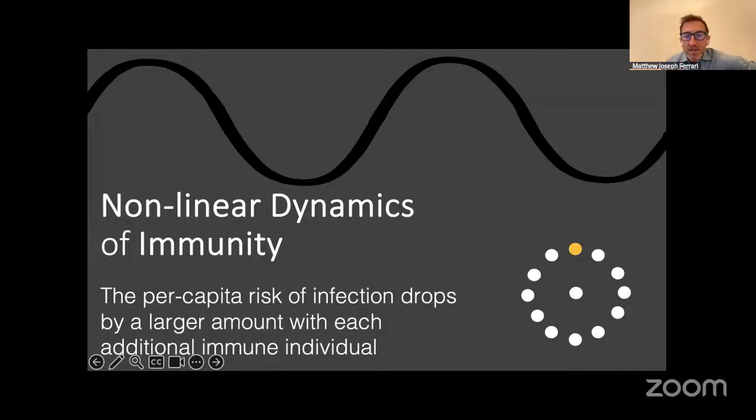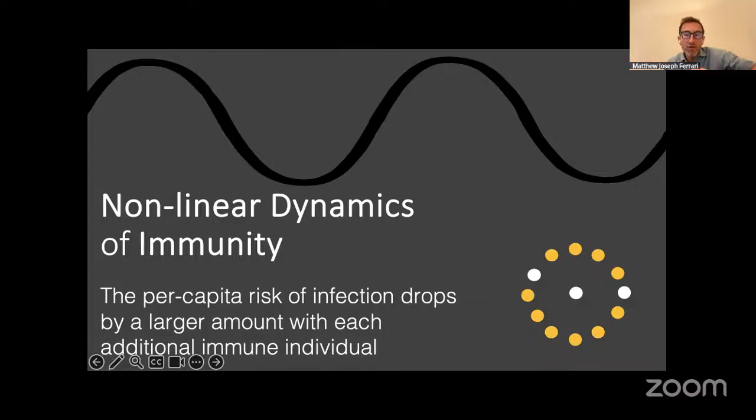And this is summarized in the easily caricatured and often misstated phenomenon that is called herd immunity or shield immunity, where having one immune person in your contact sphere reduces your risk by a small amount, and having 5 immune people in your contact sphere reduces your risk by more than 5 times.